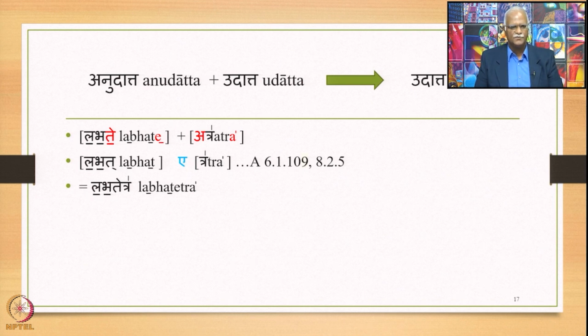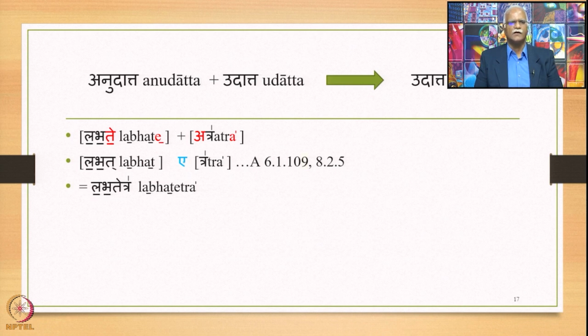So in labhate tra, a becomes udatta and so it remains unmarked, and bha becomes anudatta, la becomes anudatta, and tra remains as swarita. So this is how in labhate tra 825 plays a crucial role as far as the accent distinction is concerned.